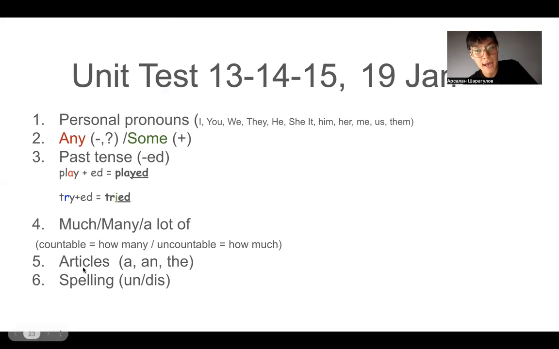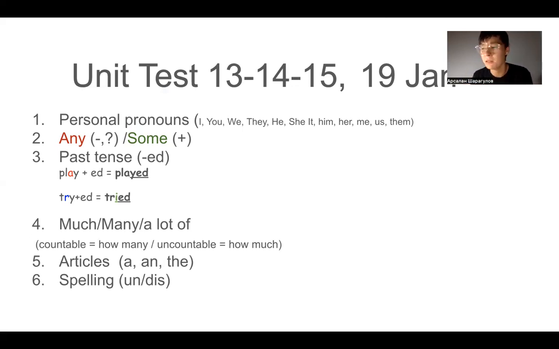Articles, a, an, the. You use a, an when you want to introduce the object for the first time and it's not specific. For example, I need a phone. Please, could someone borrow me a phone? Just give me any phone, okay? I don't care.